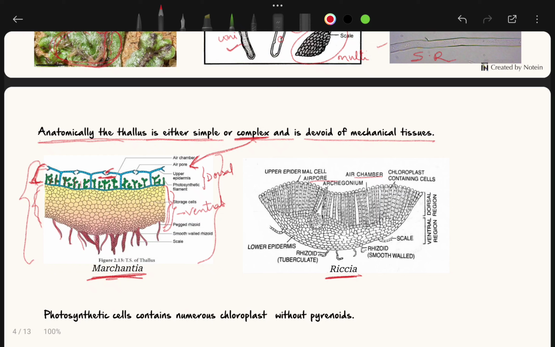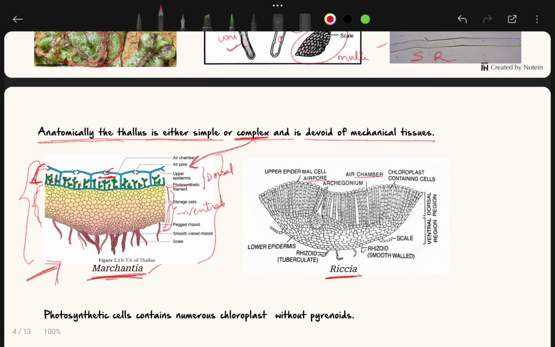The cells that are present here are also not very distinct like this. There is no upper photosynthetic region and lower storage region like that in Marchantia. So we can term this as internally homogeneous, and then we can term the complex tissues as internally heterogeneous.